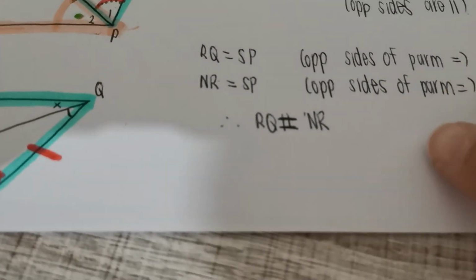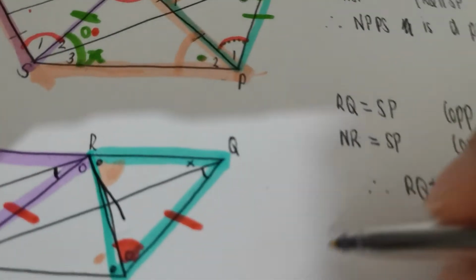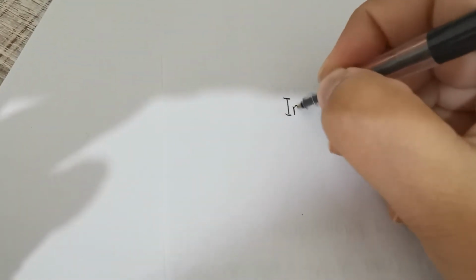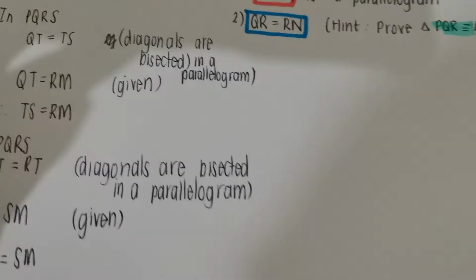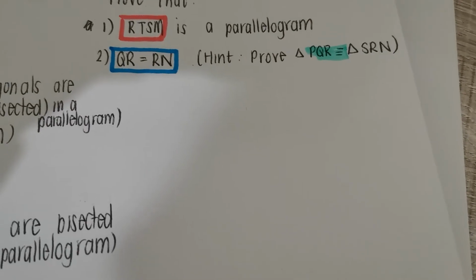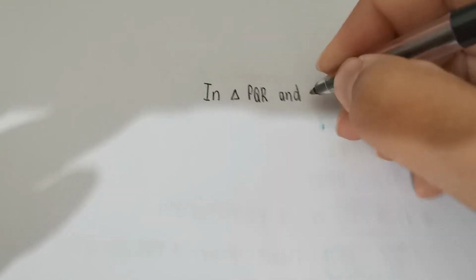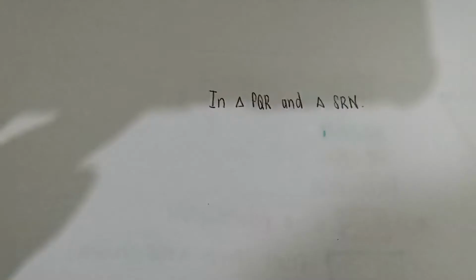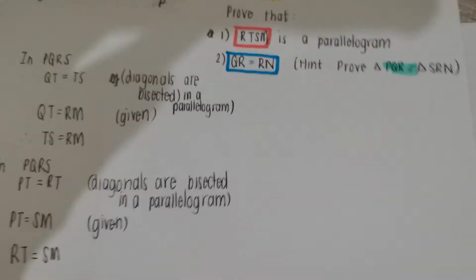Okay, using the other way that I said, using the whole congruency thing, we're going to have to turn over. Sorry, it was in triangle PQR and SRN. Oh, we're going to have to keep turning over and over. Maybe I should be writing on a separate page. Let's do that.